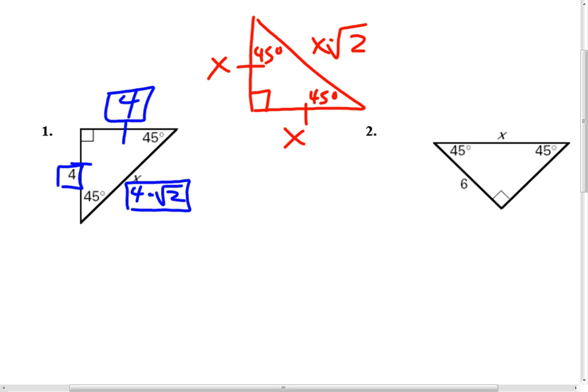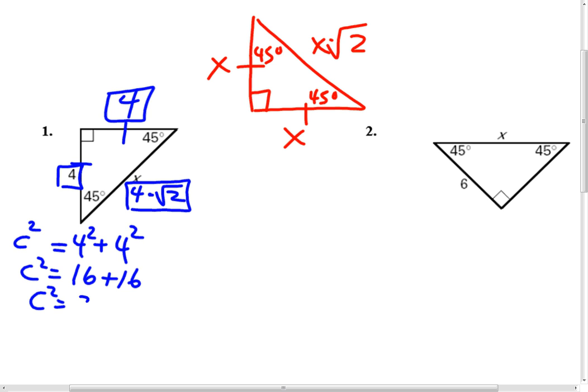The model is just a shortcut, because if I have a 4 and a 4 and an unknown hypotenuse, then I could do Pythagorean theorem. I could do c squared equal to 16 plus 16, c squared equals 32.